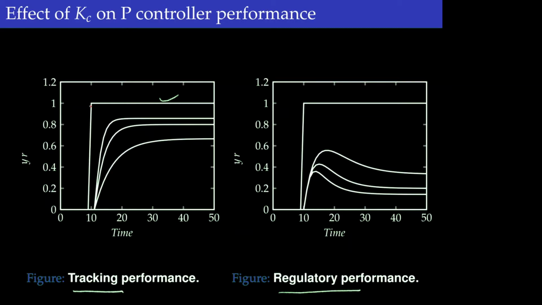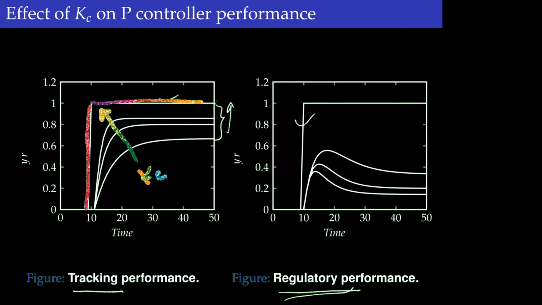Here you see the set point, and we know that for the proportional controller there is always offset. These are for three different values of the proportional gain, in the increasing direction of the gain. You see that as the gain increases, the response becomes faster and the offset becomes smaller and smaller. So offset goes down and response becomes faster as Kc increases.